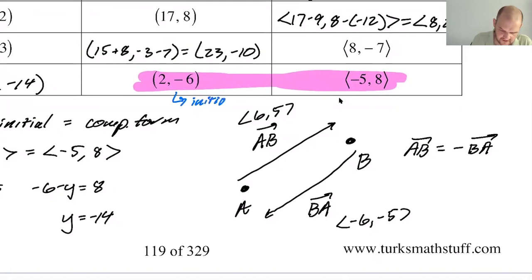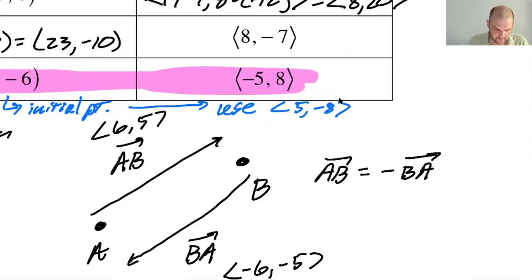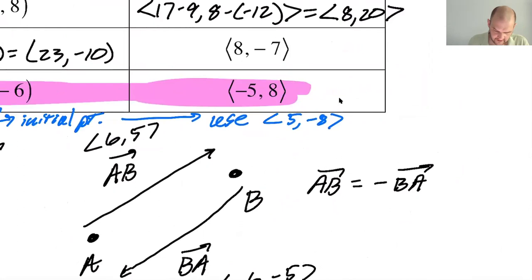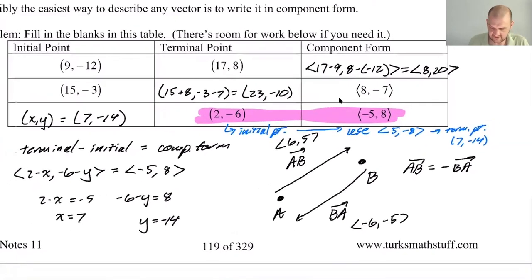If I treat this as the initial point, and use 5, -8 as my vector, you start at 2 and add 5, 7, start at -6 and subtract 8, -14. So this actually, I think, is an easier way to do it.